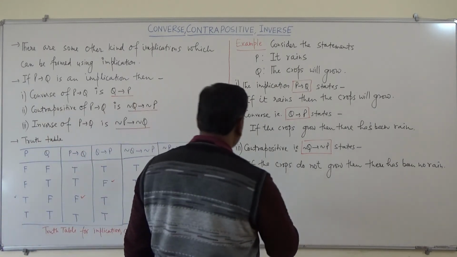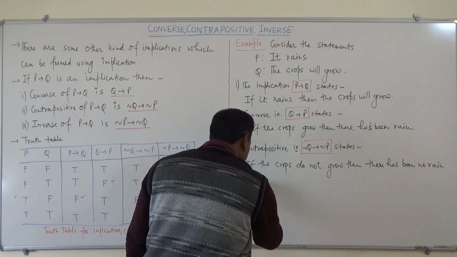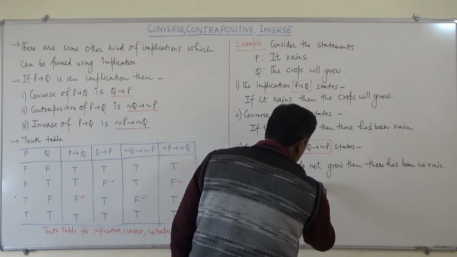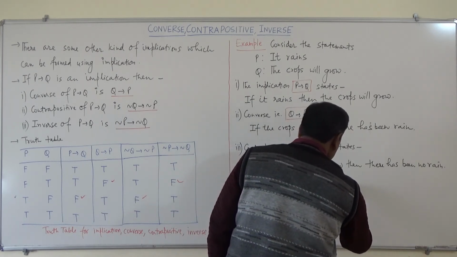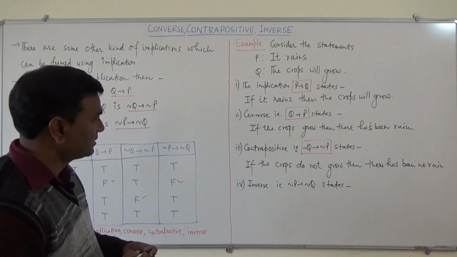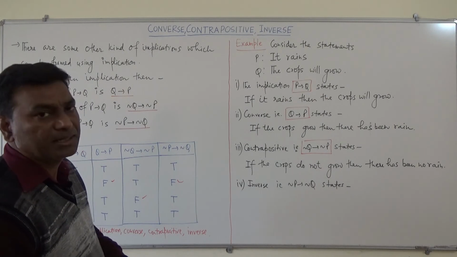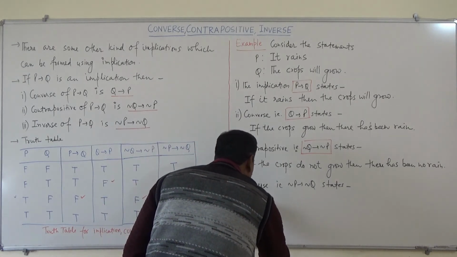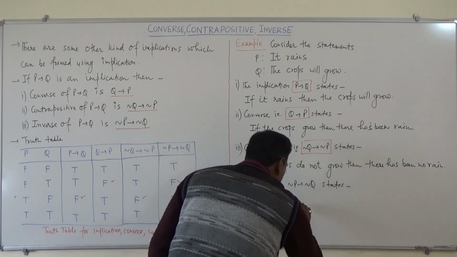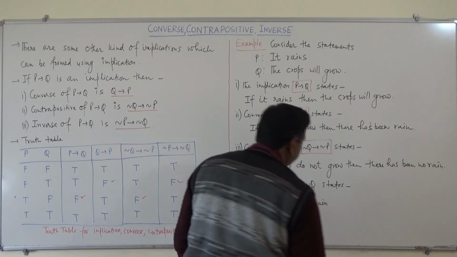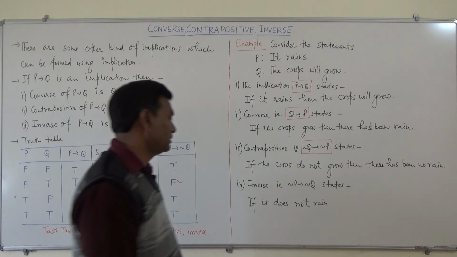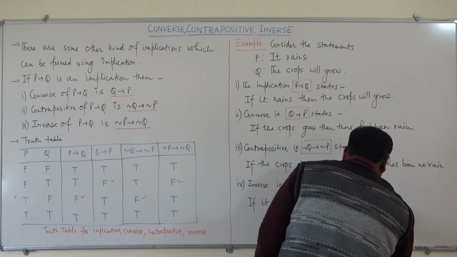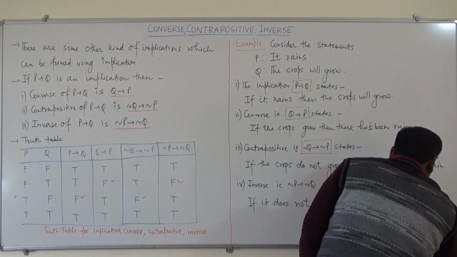Now the fourth one is inverse. The inverse, that is not P implies not Q, states: if it does not rain, then the crops will not grow.